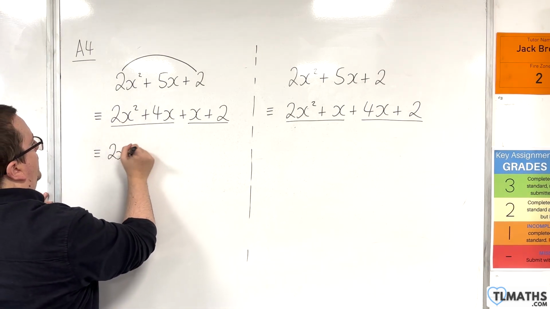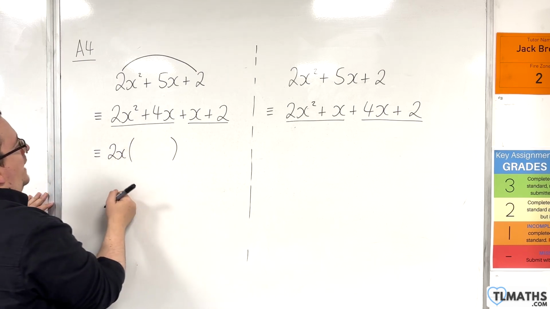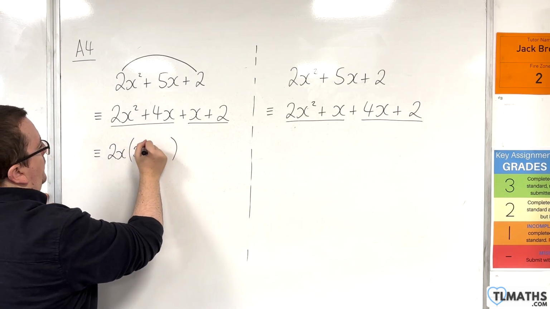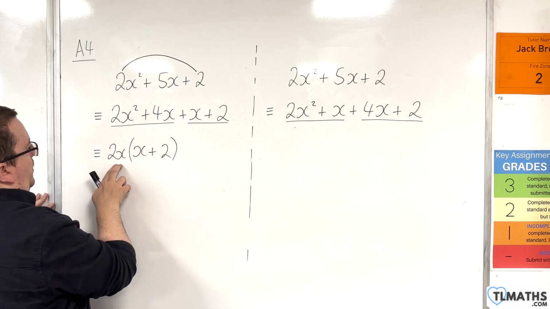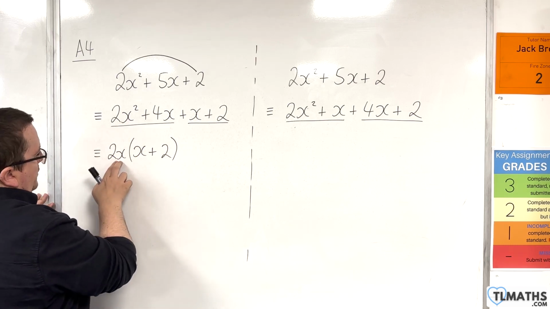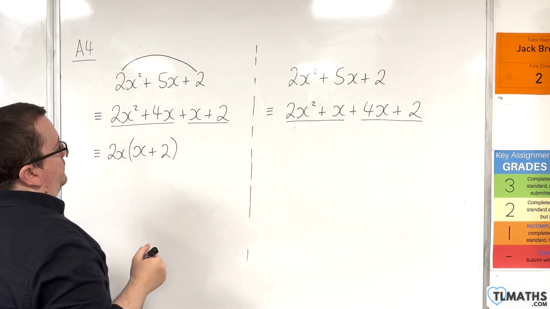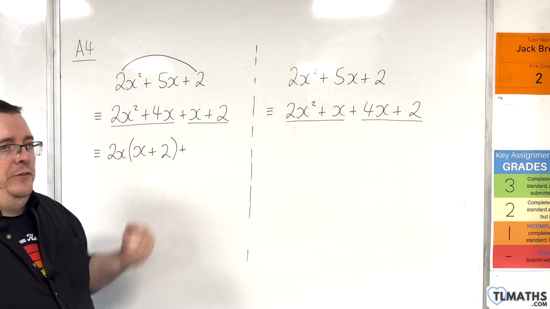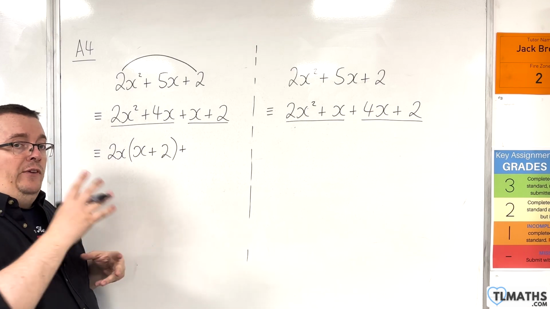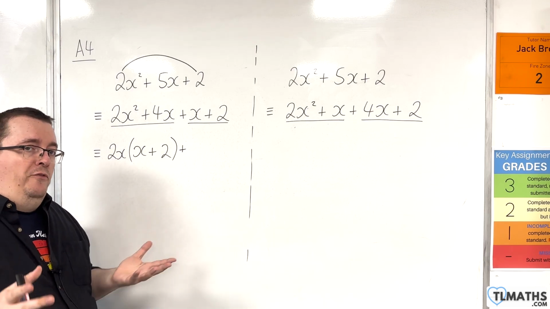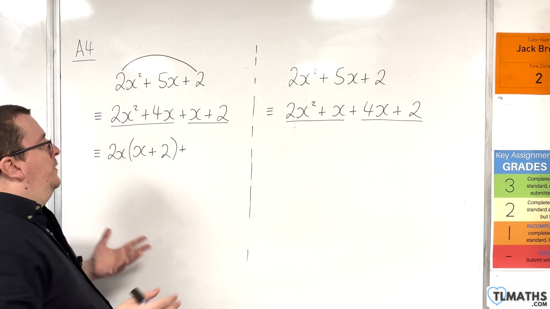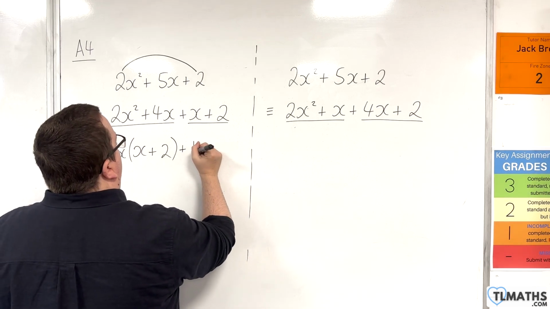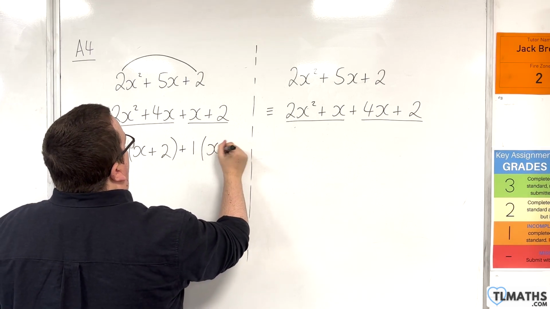So I'm going to have 2x, open a bracket, and inside the bracket would have to be x plus 2. 2x times x makes the 2x squared, 2x times 2 makes the 4x. Now, for the x plus 2, x and 2 only have a common factor of 1. So I'm going to write that as 1 lot of x plus 2.